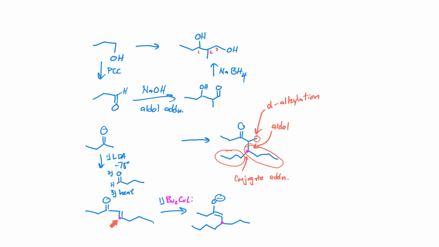We're going to push electrons off of the purple carbon onto the CC bond here, pushing electrons onto the O. So we get an O negative, we get a new pi bond here, so we have an enolate functional group. We've added our new carbon group at the purple carbon, and this enolate functional group can be reacted directly with whatever alkylating agent we want to put onto the alpha carbon. This carbon can be alkylated directly now, and I'm going to do that with simply methyl bromide.